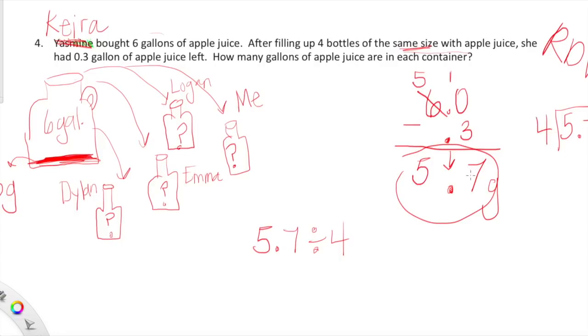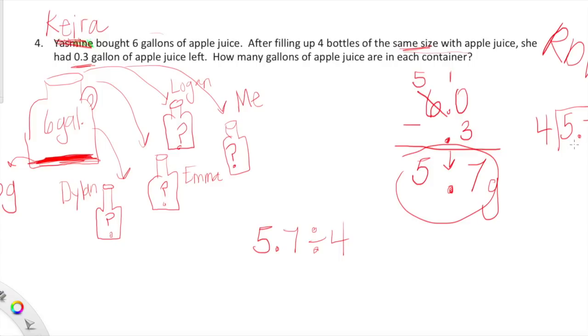And again, it's 5.7 because we were told that she didn't pour all 6 gallons into the bottles. She had 0.3 gallons left over. So using subtraction, we were able to figure out that 5.7 gallons were spread evenly across the 4 bottles.